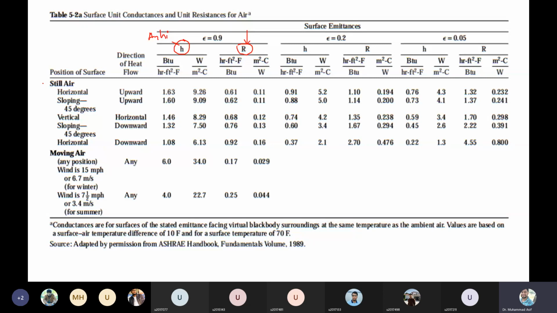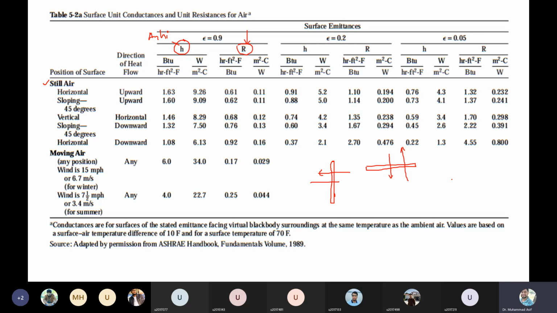For example, you can see the still air, and the direction of the heat flow also matters, whether that still air is on a horizontal surface or a vertical surface. When you study a wall, the heat transfer is from a vertical surface, let's say from inside to outside. When you study the roof, the heat transfer is from a horizontal surface, from outside to inside or from inside to outside.